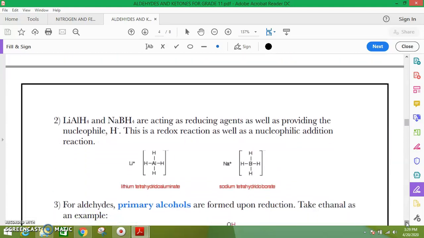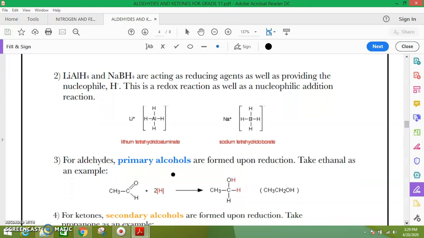When you look at this equation, these reagents act as a reducing reagent as well as provide the nucleophile. So what is the function of lithium aluminum hydride or sodium borohydride? They act as a reducing agent, meaning they help to reduce the substance, and they are also responsible for producing a nucleophile.